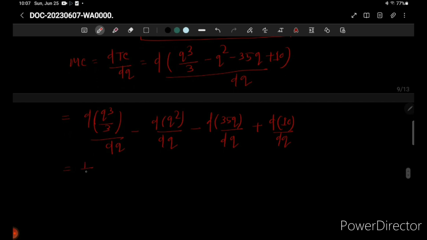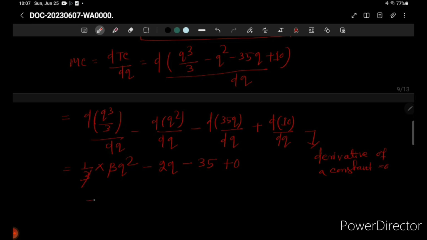So I'll take 1 by 3 common because it is a constant. So the derivative of Q cube equals 3Q square, minus the derivative of Q square equals 2Q, minus 35, plus 0 because the derivative of a constant is always equal to 0. So 3 cancels out. So Q square minus 2Q minus 35 is MC. So I'll put it within a box.